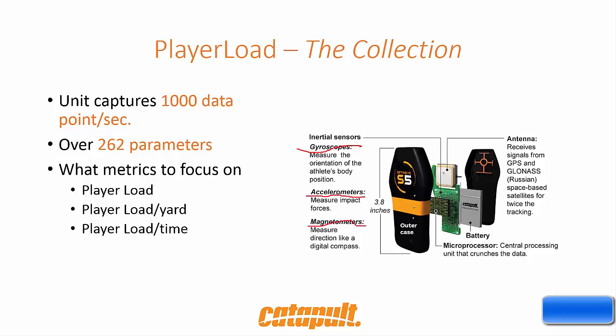The magnetometer is basically a kind of compass inside, so it measures what direction you are headed, north, south, west, east. We have over 262 parameters within the S5, and we're able to gain a lot of information from that.